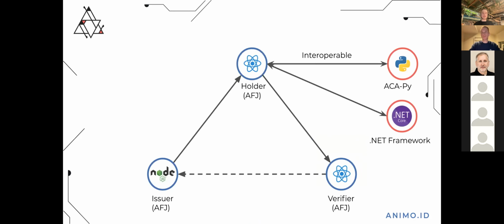If we look at an example, and we take the triangle of trust again, we have a use case where we need to create an issuer server-side service, and we also need to create a holder and a verifier mobile wallet. We can use Aries Framework JavaScript and create multiple applications on the same infrastructure.